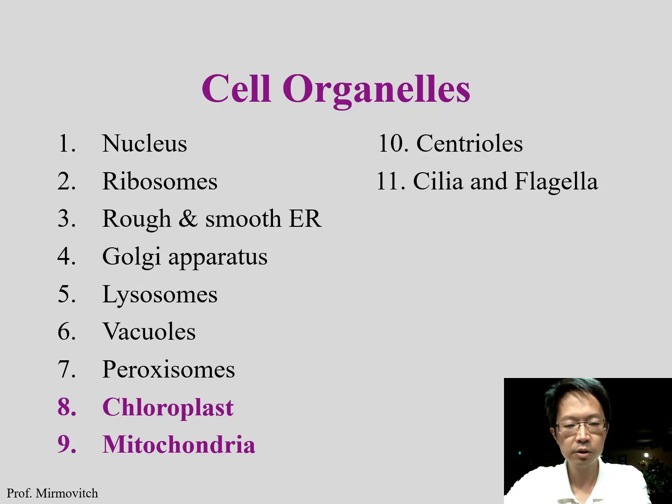So after peroxisome, we'll talk about chloroplasts and mitochondria. Chloroplast is for photosynthesis. You can only find chloroplast in the plant cell.